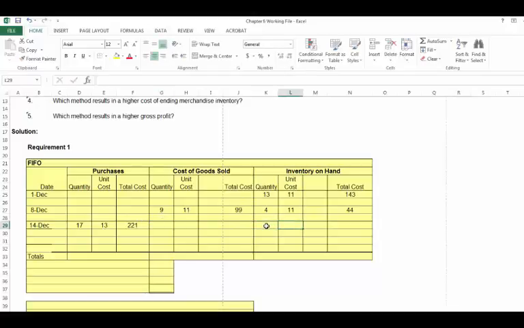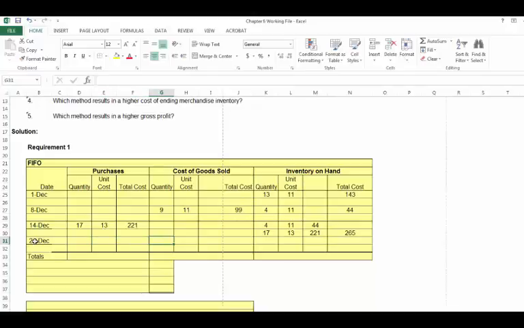I still have the 4 at $11. So that's $44. Now I'll have the 17 that cost me $13 each, $221. So my total cost of this inventory is the sum of the 44 and the 221. So $265.